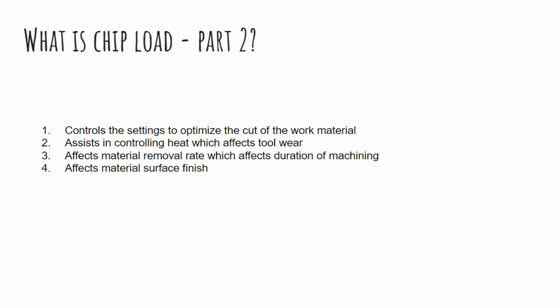So what chip loading does is control the required settings for cutting the work material. So when we have differing types of material, we need to have different rotational rates for the router bit, different feed rates for the router bit through the material.